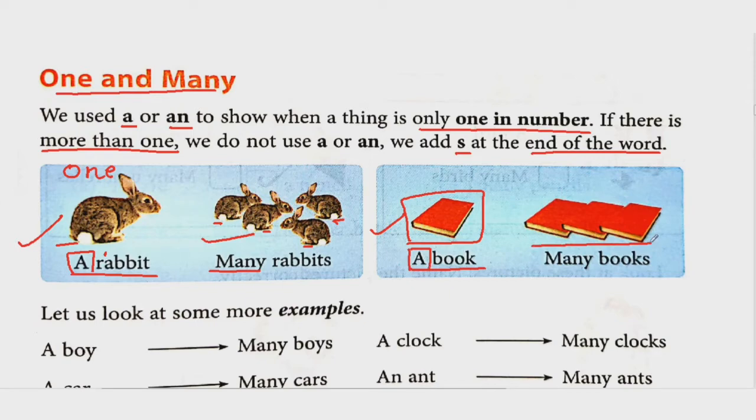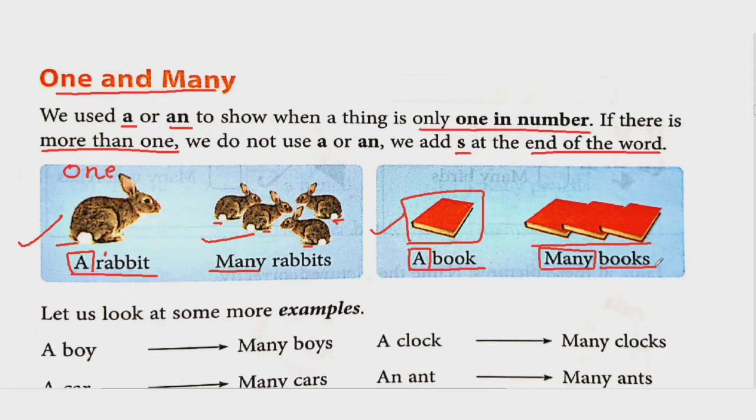There are 3 books. So more than one book are there. That's why we have used the word many. So many books. तो अगर आपके पास कोई चीज़ एक है, then use a or an. But if it is more than one, then you have to use many.